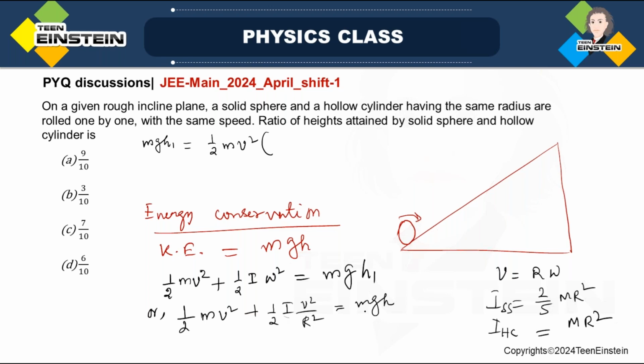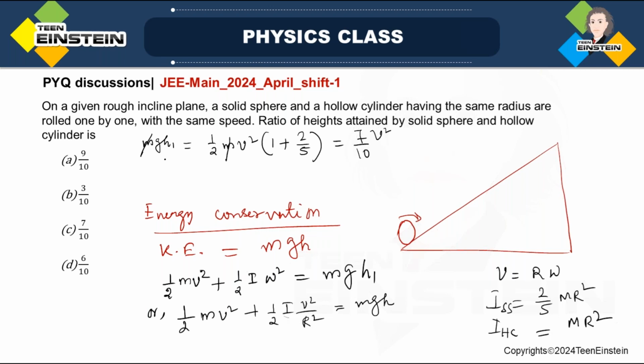So for solid sphere it will be 1 plus I by r square, which means 2 by 5 m; I have taken common, r square will cancel out. So m, let us cancel from both sides. So what I have got here, you look, this is 7 by 5 and this half, so you'll get 7 by 10 v square.